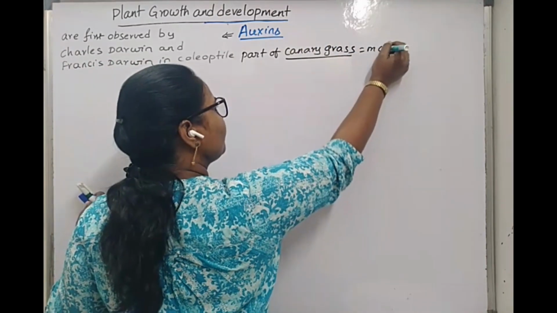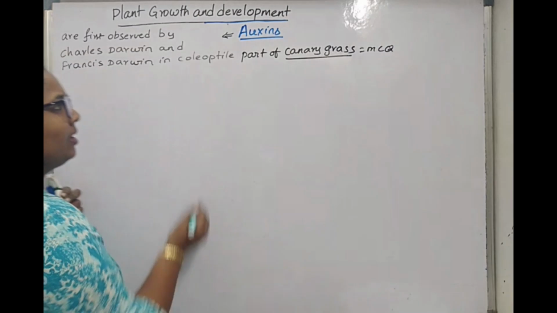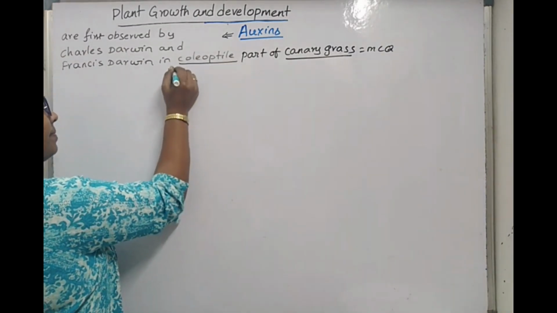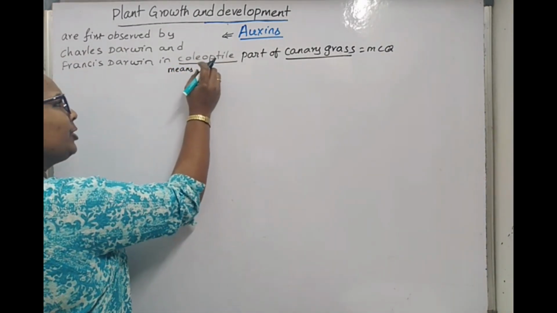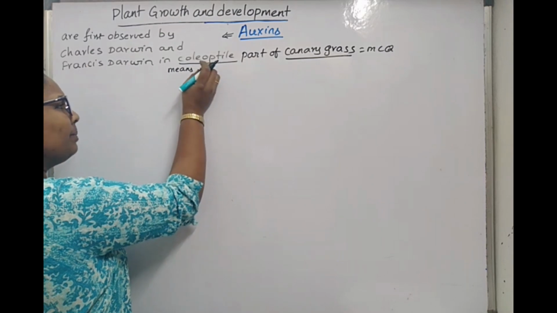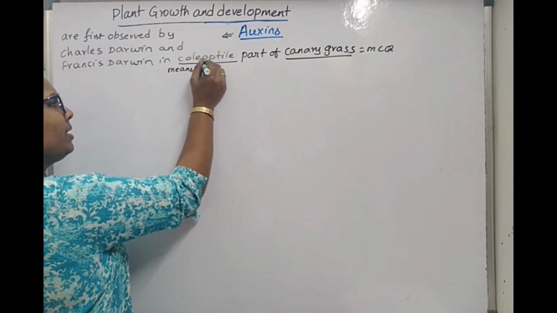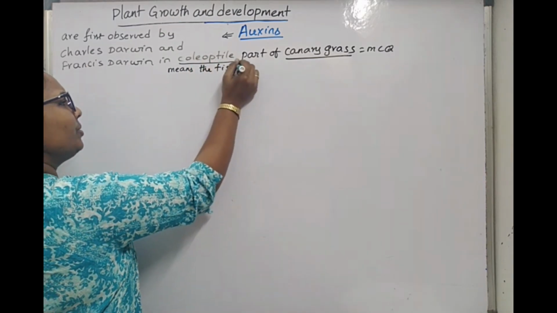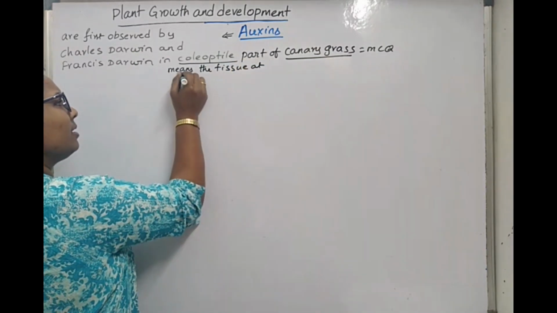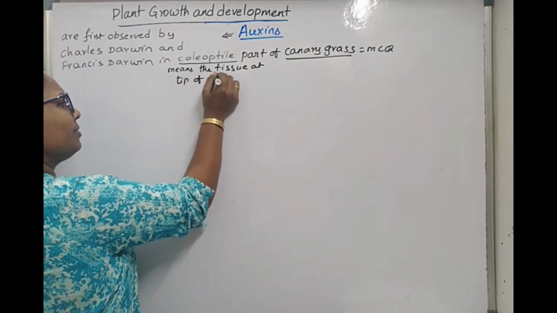Important MCQ: coleoptile means the name given for the tip part tissue, that is, the tissue at the tip of the leaf.